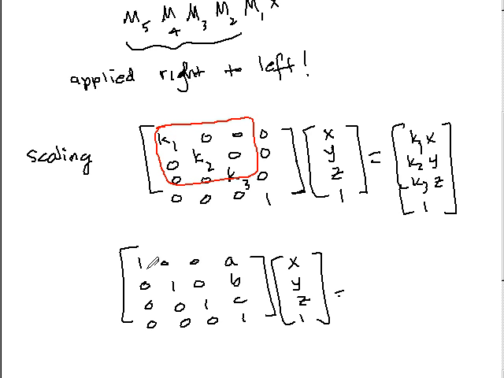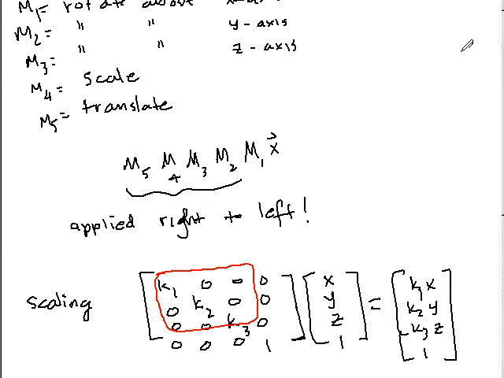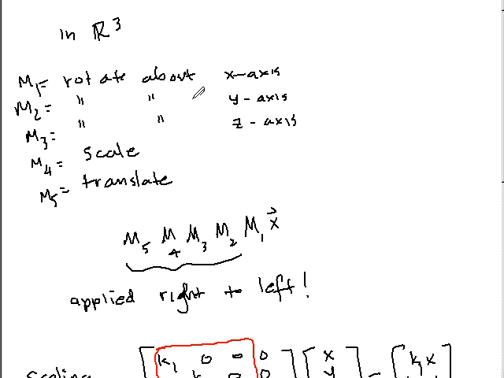This is x times 1 plus 0 plus 0 plus a. So it's translation by a. And this is y plus b, z plus c, followed by 1. So the translation matrix has numbers in this column. The scaling matrix is a diagonal in the upper 3 by 3, and then the rotation ones are here.